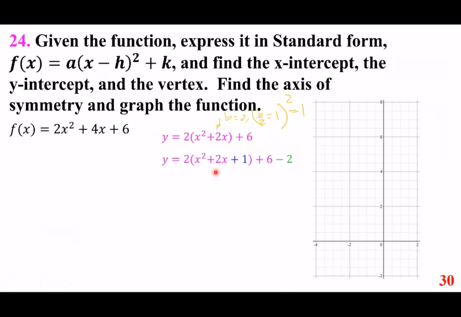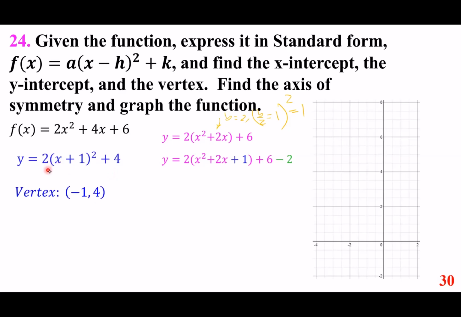Please understand, I'm adding 1. That means I'm adding 2 times 1. I can say I'm going to add 2 to this side, or I'm subtracting 2. And therefore, I end up with 2 times x plus 1 quantity squared, and the 2 add up to 4.